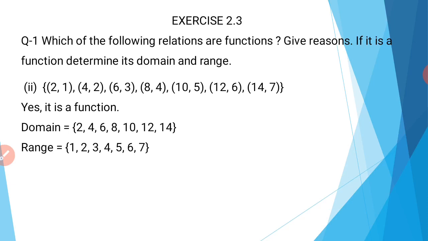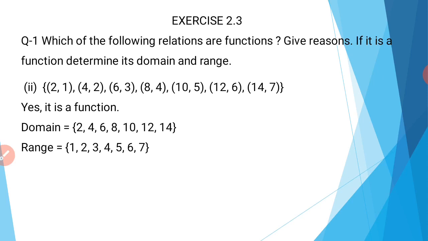In question number 1, second problem: (2,1), (4,2), (6,3), (8,4), (10,5), (12,6), (14,7). Yes, it is a function because 2, 4, 6, 8, 10, 12 and 14 are associated with a unique number.